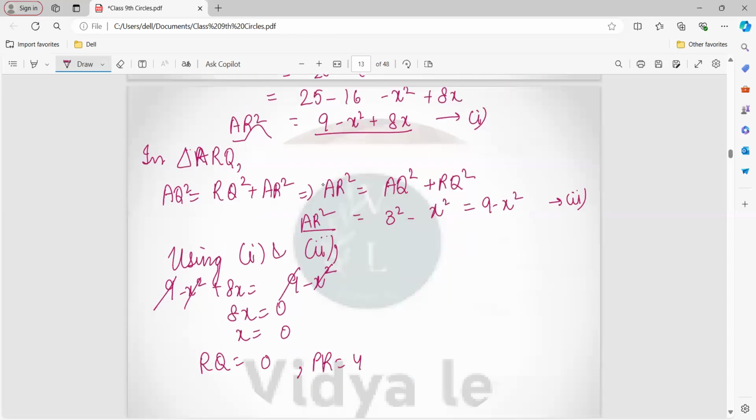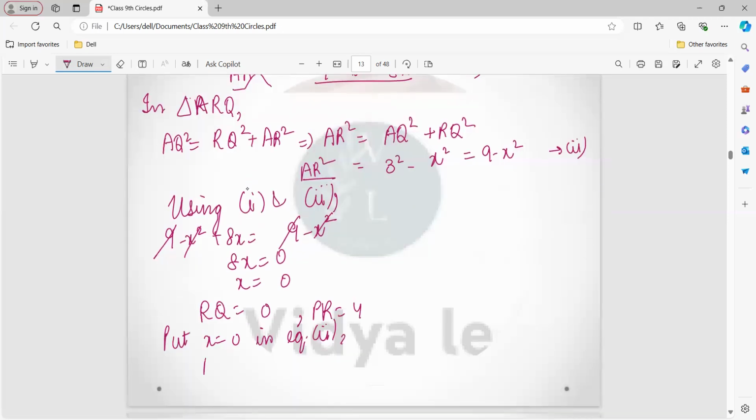Now we want the value of what? We want the value of AR. So we'll substitute the value of x in either equation 1 or 2. Put x equals 0 in equation 2 to get the value of AR. What we'll get? AR square is equal to 9 minus x square, which is 9 minus 0.